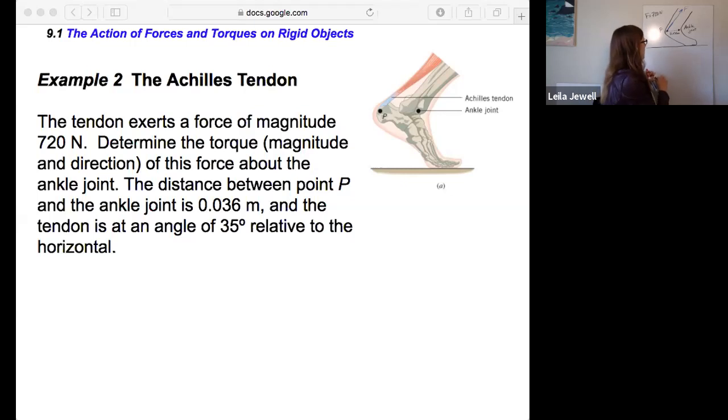So we notice that if the tendon muscle is along the direction of the force, we can say that this angle then is 35 degrees. All right, and we want to find the torque about the ankle joint. Great. Notice it says with the torque, it's magnitude and direction. So we'll keep that in mind.